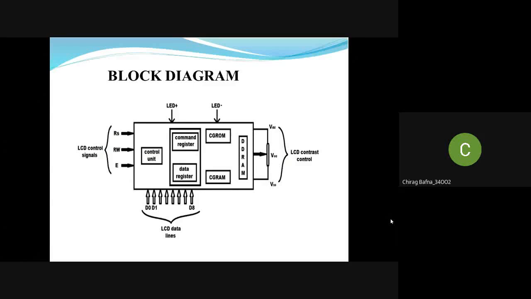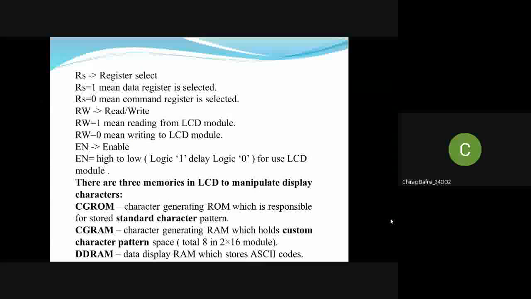Let's discuss these parameters. See, RS is the register select. When RS equals 1, that means the data register is selected. When RS equals 0, that means the command register is selected. RW is read and write.